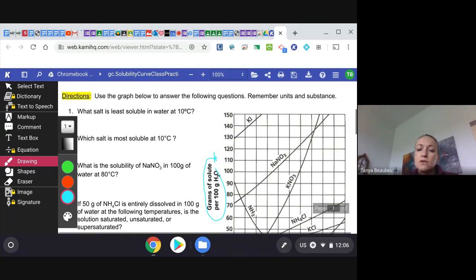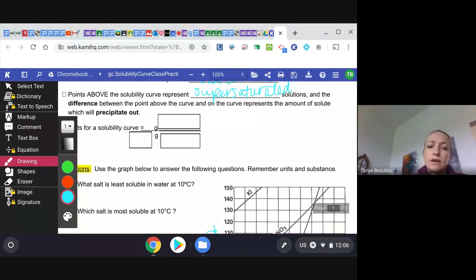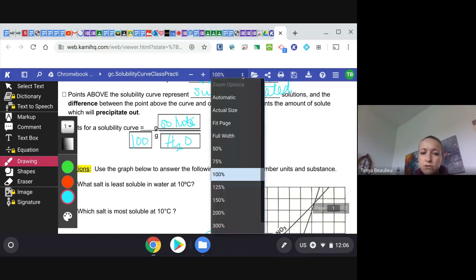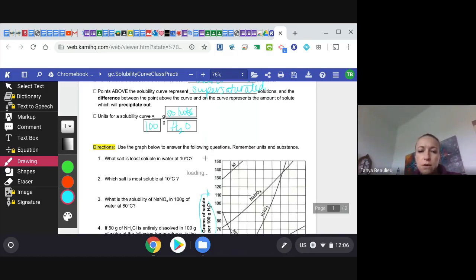Grams of solute per 100 grams of water. So we're going to be using this solubility curve to help us answer our questions. I'm going to shrink this down a little bit and make it easier to kind of show as we go.